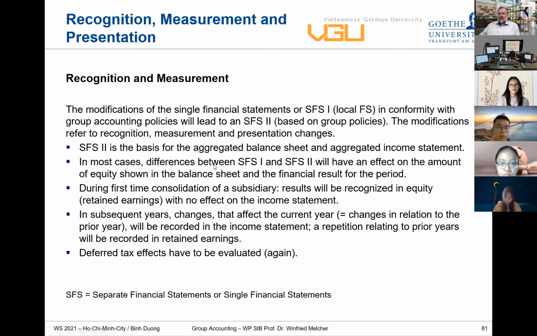All right, so during the first time consolidation of a subsidiary, the results will be recognized in equity with no effect on the income statement. So it's just a reclass during the first consolidation. In subsequent years, that will affect the current year because these will be recorded in the income statement, and a repetition relating to prior years will be recorded in retained earnings.